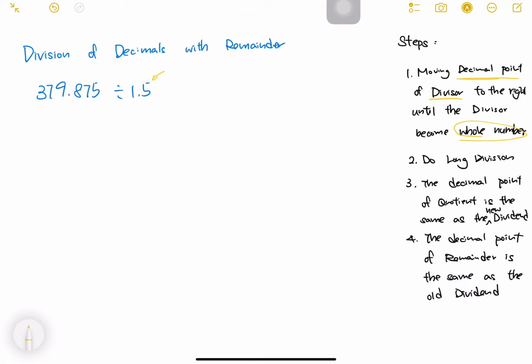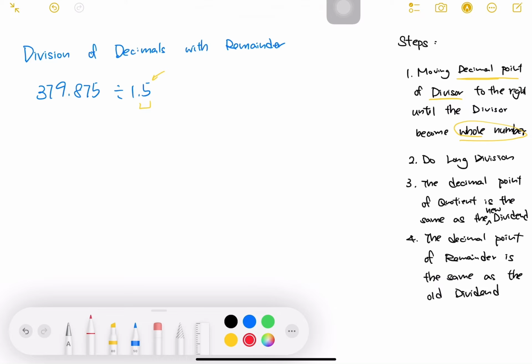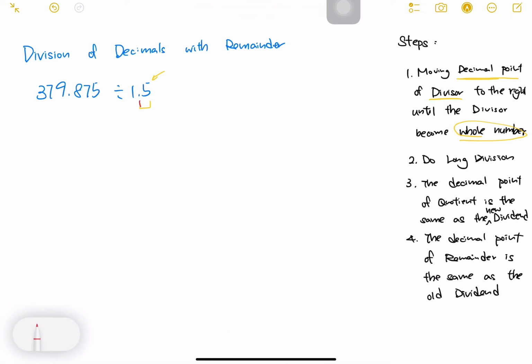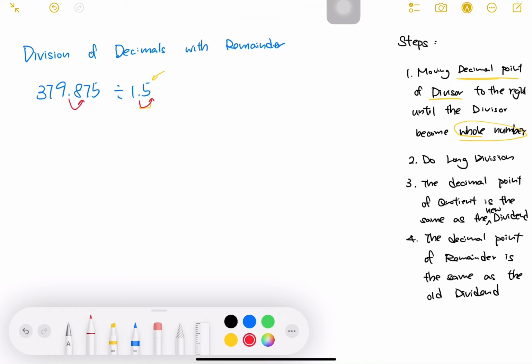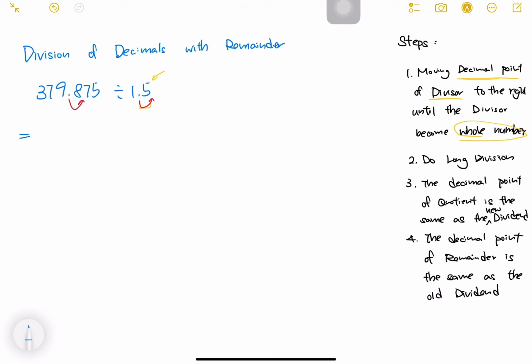The divisor is this number, and there is one decimal place in the divisor, so we move the decimal point of both the divisor and the dividend one place to the right, so that we get the new number sentence, which is 3798.75 divided by 15.